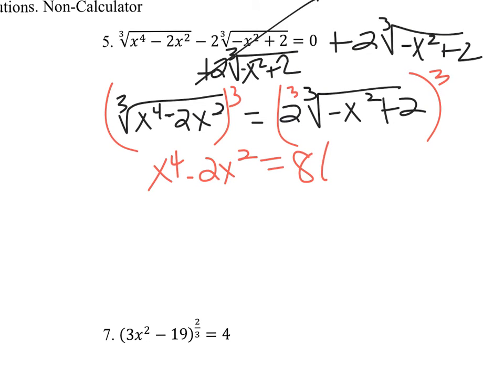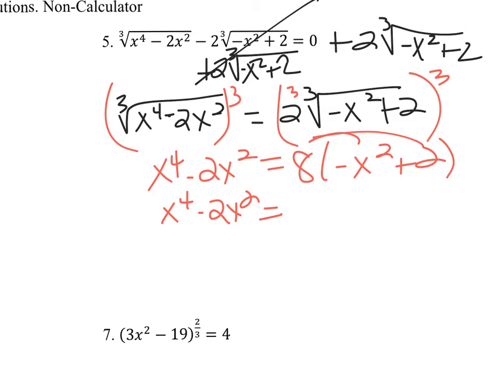And 8 is going to be multiplied by negative x squared plus 2 because the radicand is going to come out because it's been undone by the cube. So if I simplify that, I have x to the 4th minus 2x squared equals negative 8x squared plus 16.